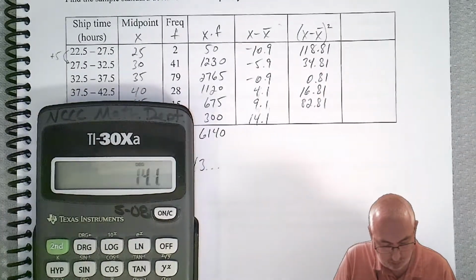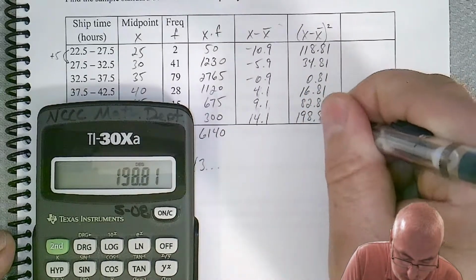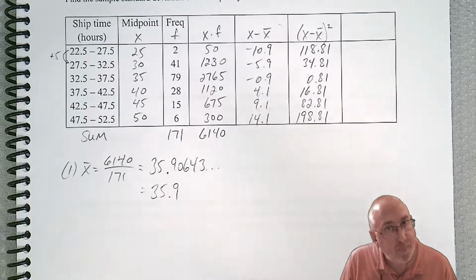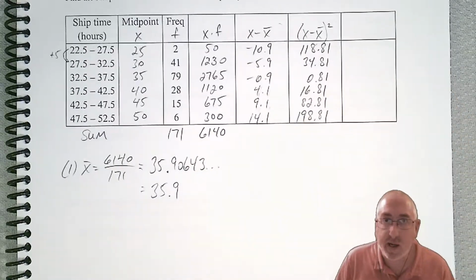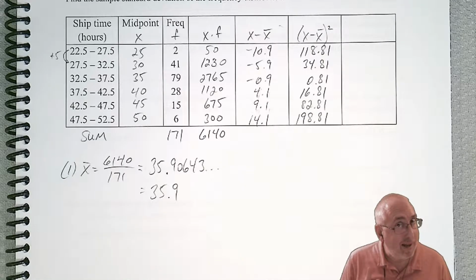And 14.1, 198.81. A lot of 0.81s in there, but that's okay. 9s and 1s, I guess they go together. So there's step 3.